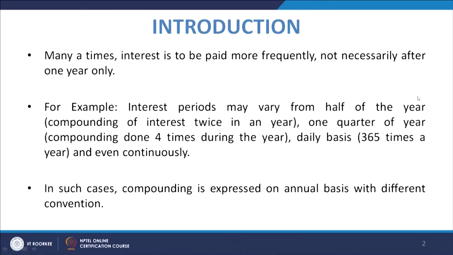Now, as we discussed, it will be varying from half of the year. So, that is known as compounding of interest twice in the year. Then for one quarter of the year you may have the compounding, so that becomes 4 times in a year. Then you may be doing it daily, so you may have 365 times in the year.